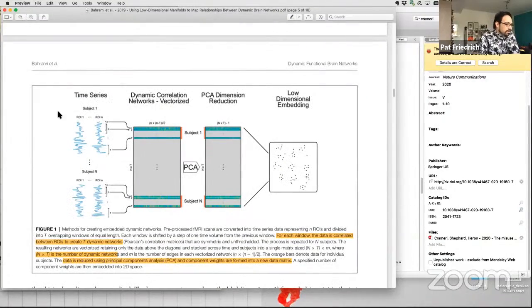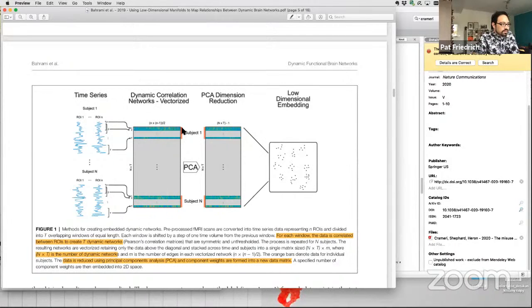So if we acquire data here for different ROIs for one subject, we have a time series for each ROI depicting the activation over time. And we can transform that using shifting window approaches to represent the functional connectivities in a vectorized way.